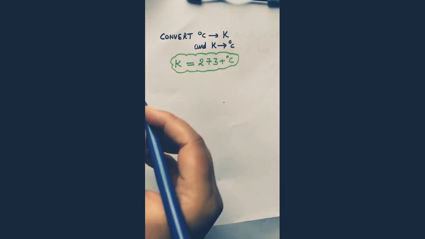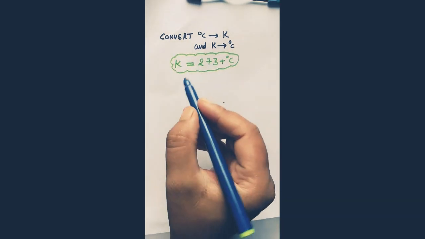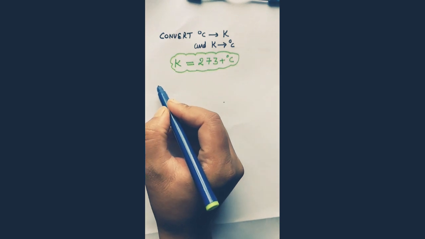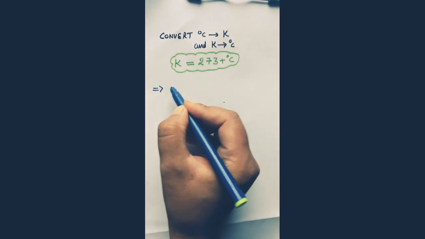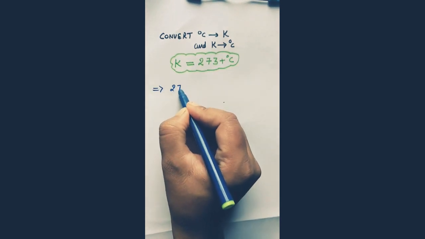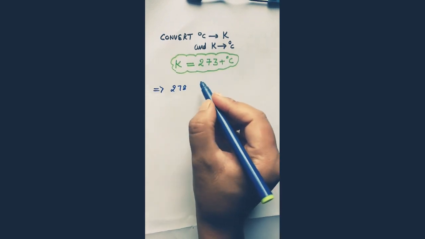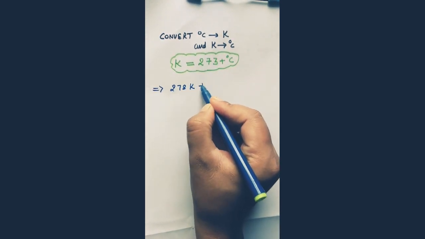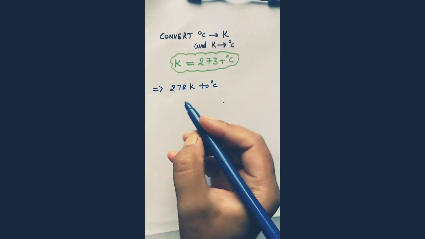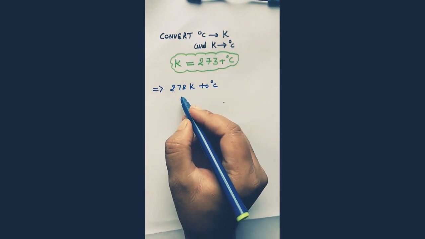Now let's take one example of conversion of Kelvin and degree centigrade. We'll take this example of conversion of 278 Kelvin to degree Celsius.